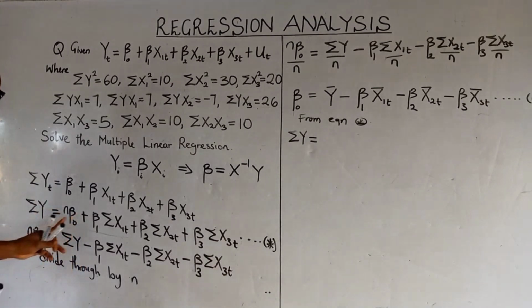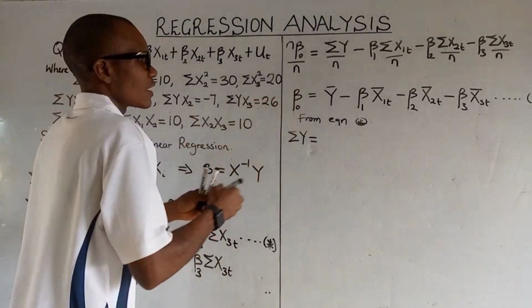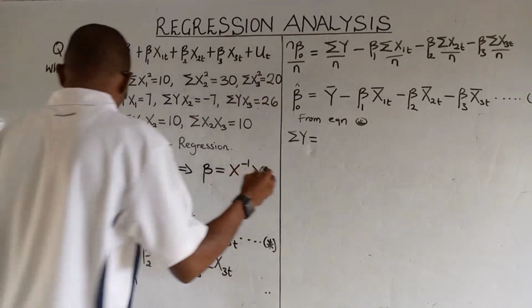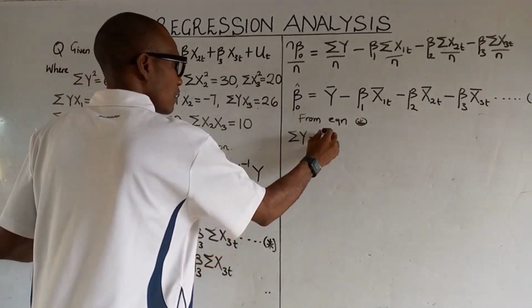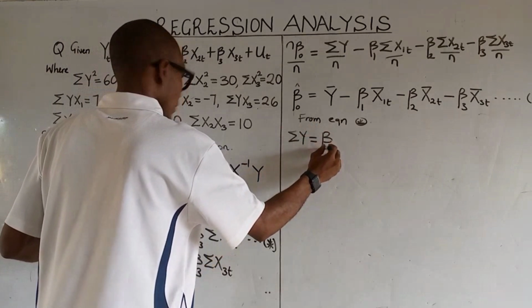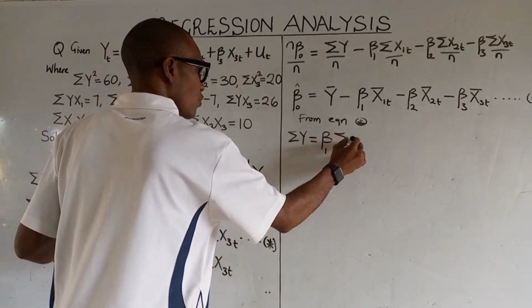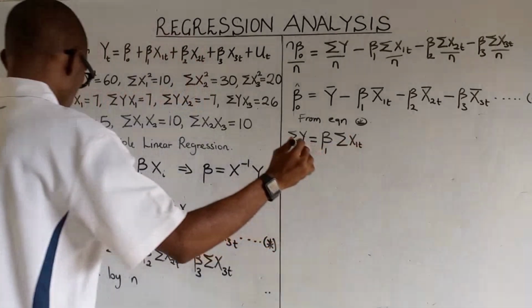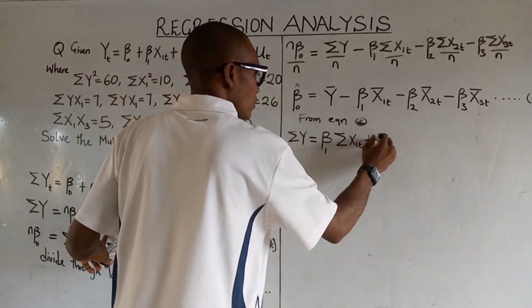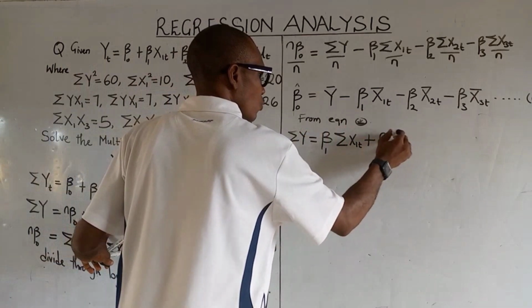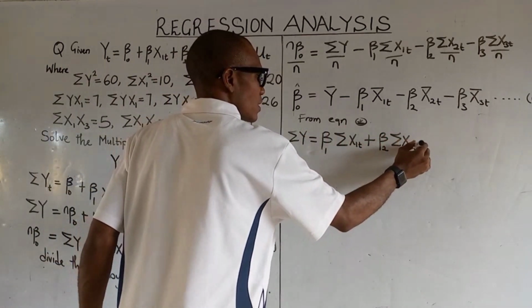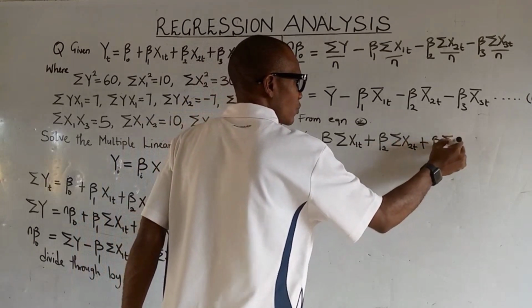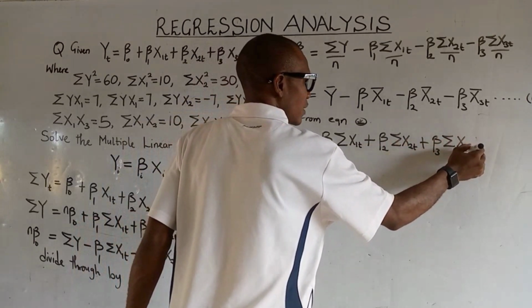We've known the value of b0, which is this. It's not an estimate. So we can leave it and write b1 summation of x1t plus b2 summation of x2t plus b3 summation of x3t.